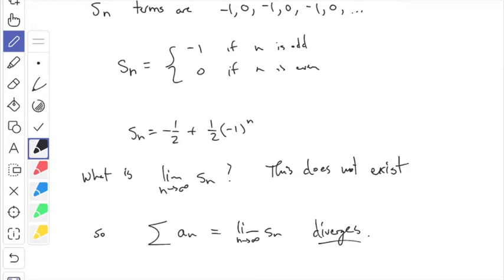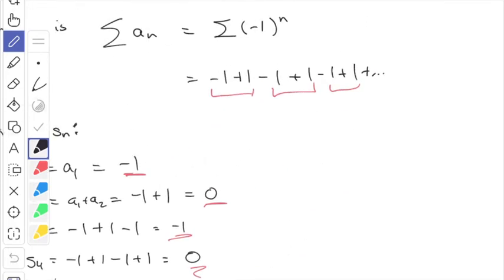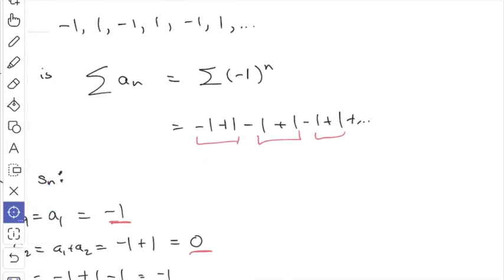All right. Even though you might feel like, as I said before, I don't know if you were hip to my little informal argument here. I said you could pair them up like this and they'll all cancel out. What I was expressing is the fact that on the even terms, the partial sums actually do equal 0. So if you take only an even number, you can pair them up in that way, and they all cancel out.